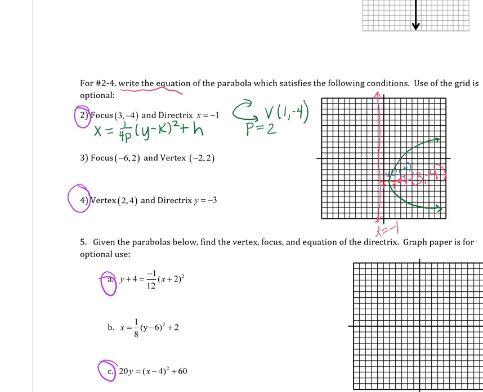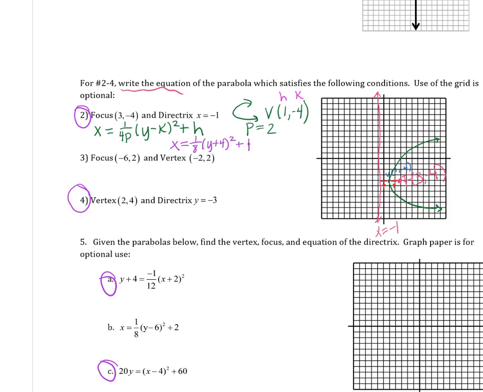Okay, keep in mind that the coordinate of the vertex is h, k, so you're just plugging it in. So when I substitute in, I get x is equal to 1 over 8, because 4 times 2 is 8, times y, and then it's going to be minus a negative 4, which goes to plus 4, squared plus 1. That's the equation of your parabola.